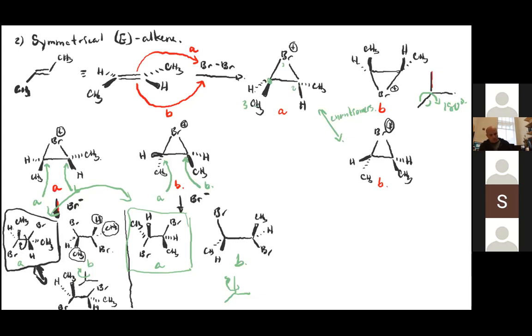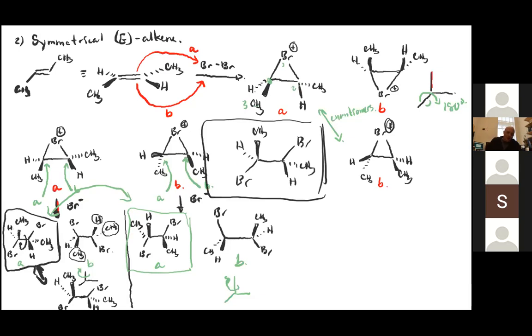And so I can just redraw that up here. Okay, and that is the product of the addition of bromine to trans 2-butene.